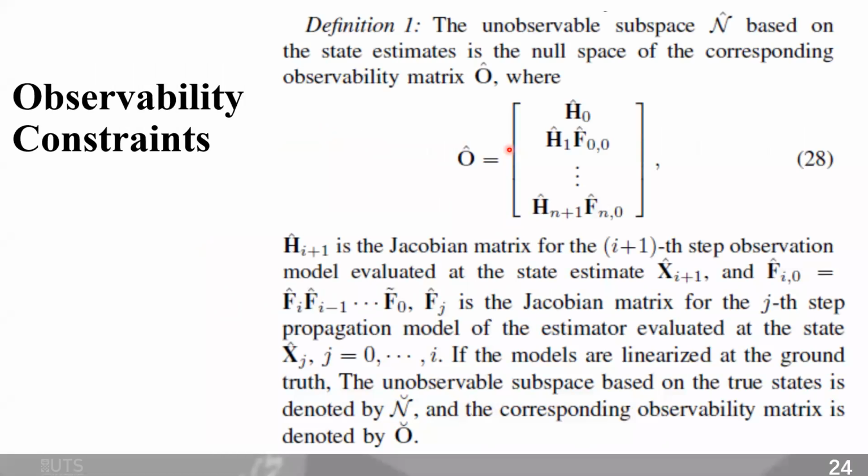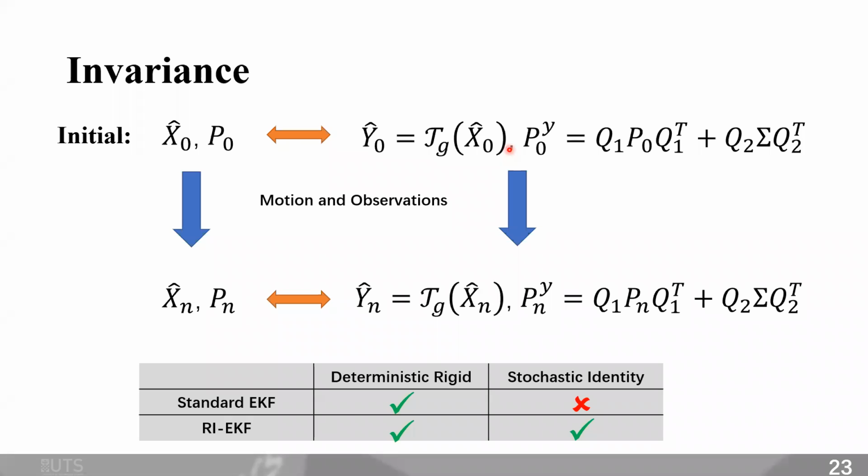The invariance of the stochastic identity transformation. Yang, can you go back to the previous slide? Right. So what's the first row, P0y? What does that mean? P0y is the covariance of y0.